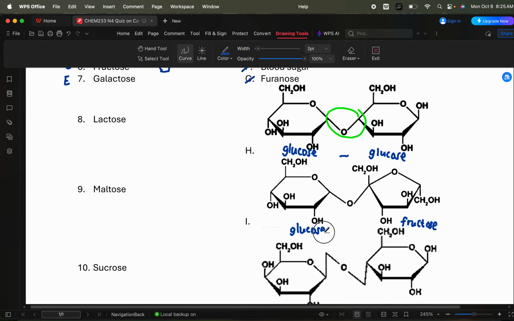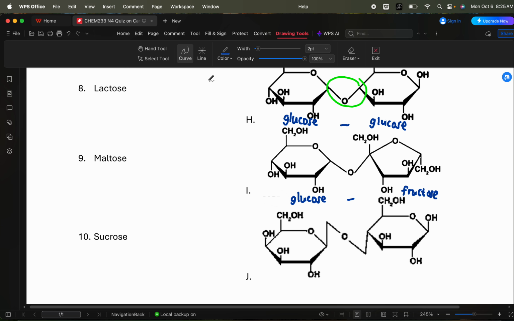Lastly, you have glucose. Let's look at the OH. So let's review the OH. Glucose should be down, so it should have been here.